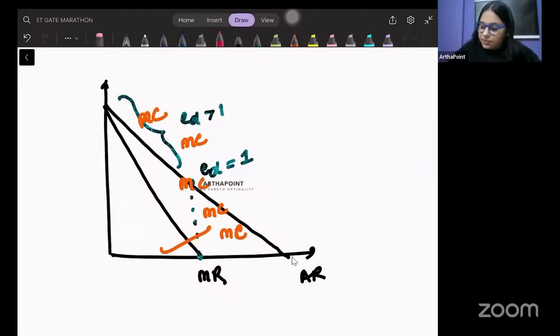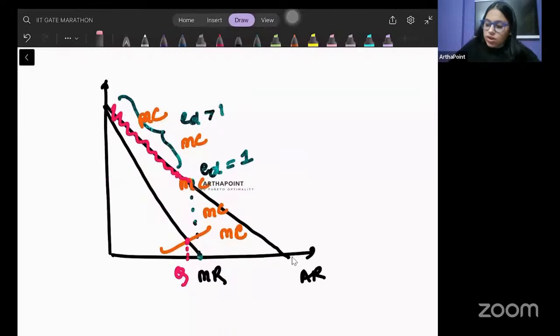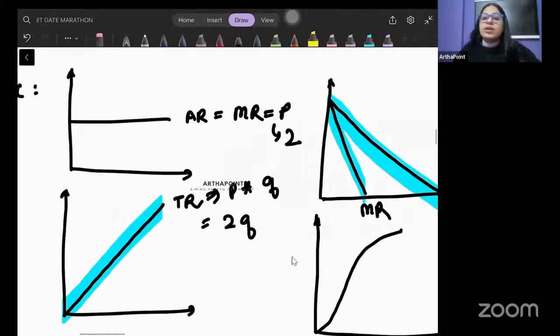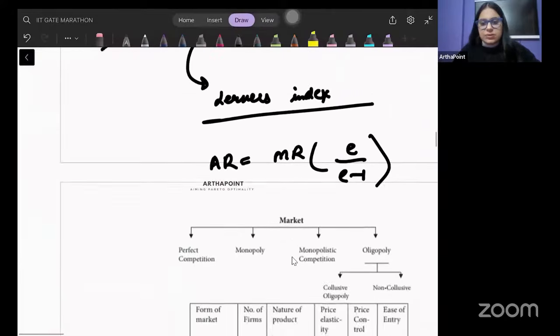Then, when I find the intersection of MR and MC, at that level of output, if I take it to the AR curve, I will still be in the elastic region. I can never be in the inelastic region because that will mean कि मेरे को intersection यहाँ कहीं negative में करना पड़ेगा, which is not possible. So, as a monopolist, you will always be going ahead and operating in your elastic region. You cannot operate in the inelastic region. This is what this curve is representing.